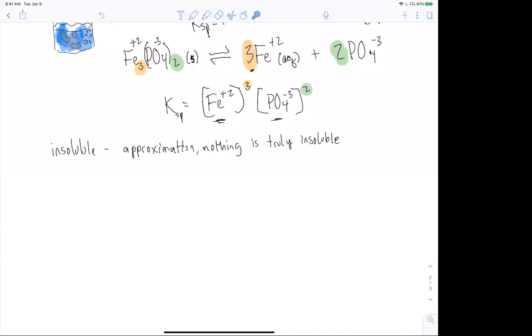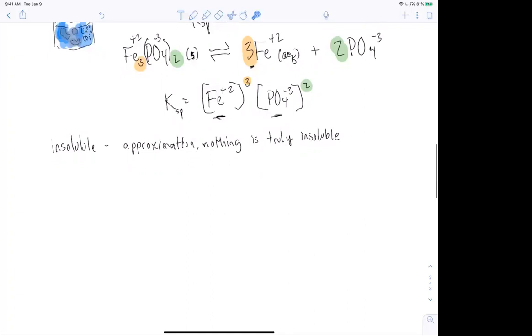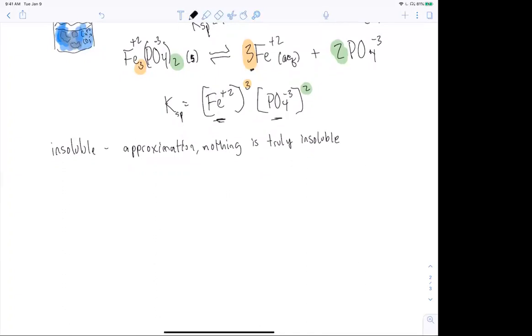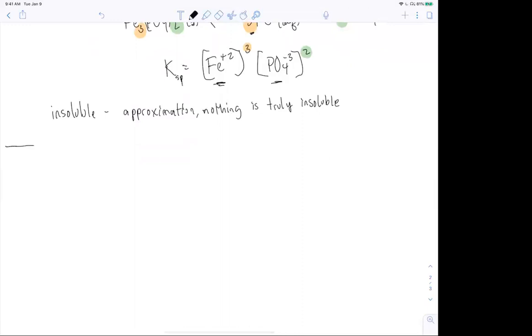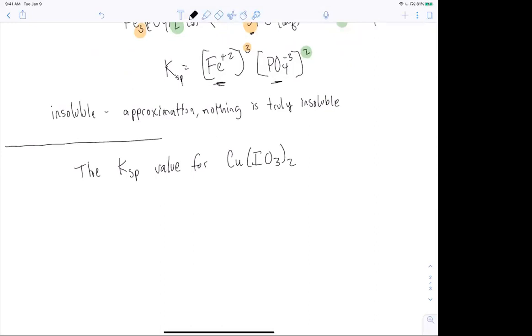Here's one. Yeah, so the way the problems are typically solved for this would be something like... So we've got copper iodate here, copper 2.